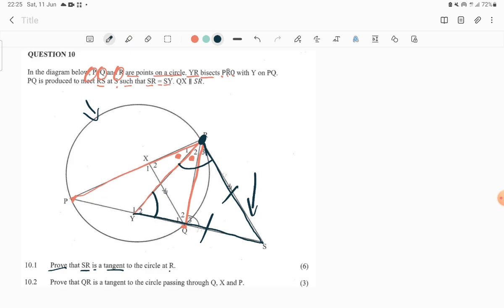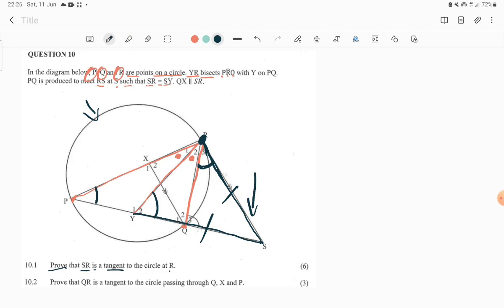For this line to be a tangent of the circle, this R3 has to be equal to this angle P. We just need to prove that R3 is equal to P, because once you have a tangent, just remember the tan chord theorem or its converse. Now, how is R3 equal to P? This is what we need to figure out.